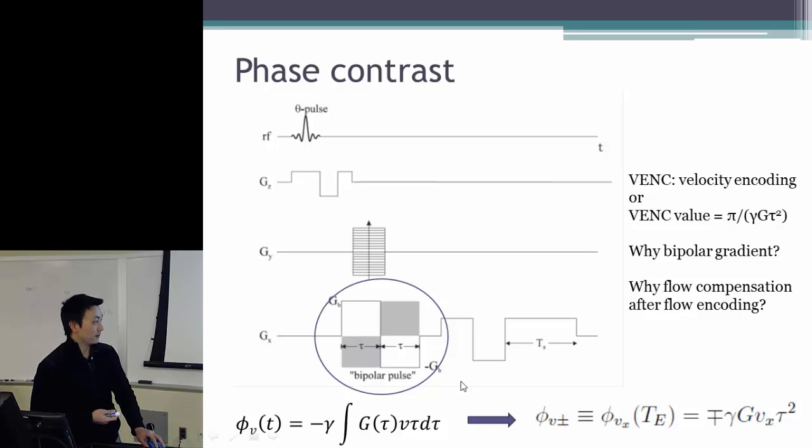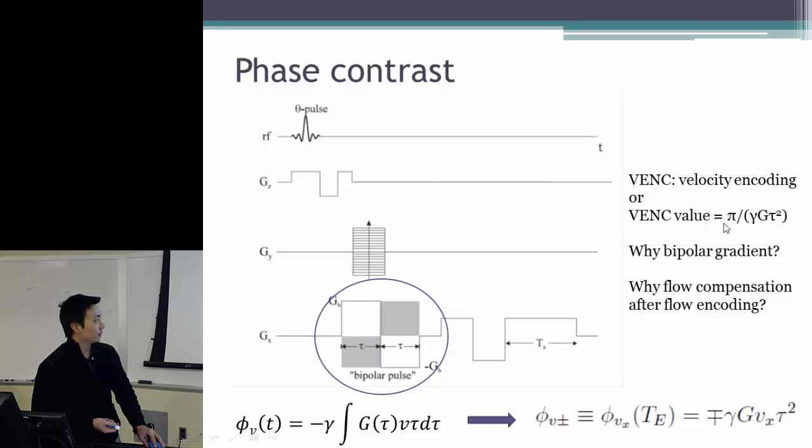Okay, so this bipolar pulse we usually also refer to as the velocity encoding gradient, which is also called VENC. So when we say the VENC gradient, we are referring to a bipolar gradient. And also, for simplicity, we also use a certain VENC value.